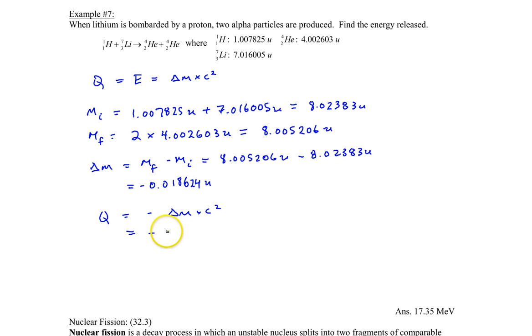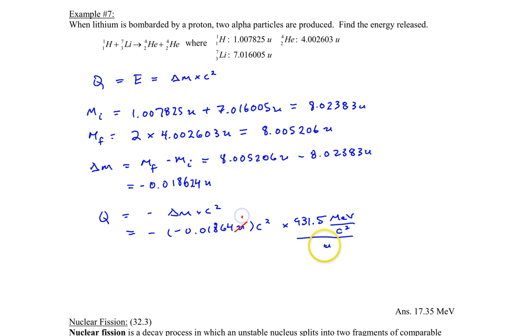So we're going to put in negative 0.018624 u multiplied by c squared. Now let's change this atomic mass unit by multiplying by 931.5 mega electron volts per c squared for every atomic mass unit.